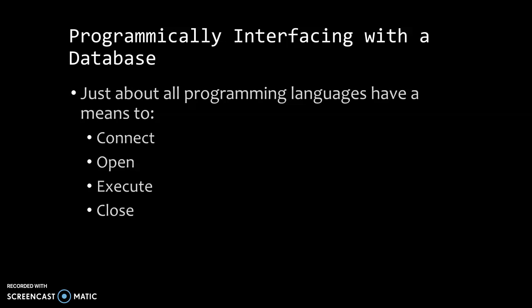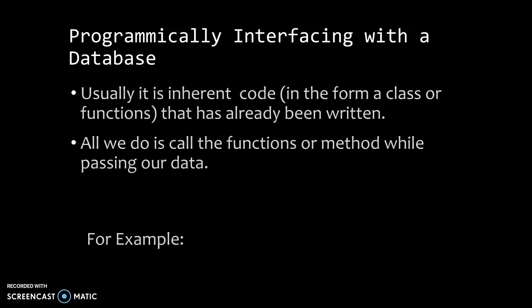We're going to show you how to do it in Microsoft and so on, but it's usually a bunch of inherent code. Usually it's in the form of a class, so you people who understand a little bit about object-oriented, they wrote objects, they wrote classes for us. These other languages did that so we can actually utilize their methods, aka functions, to do the things that we need to do. Connect, execute, and so on, and close, okay?